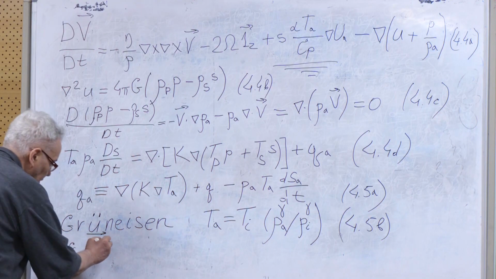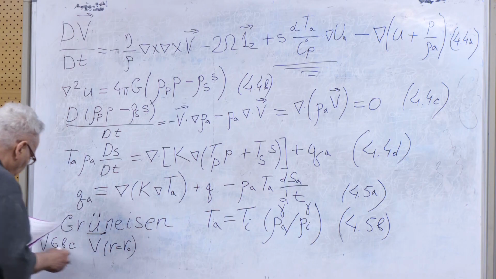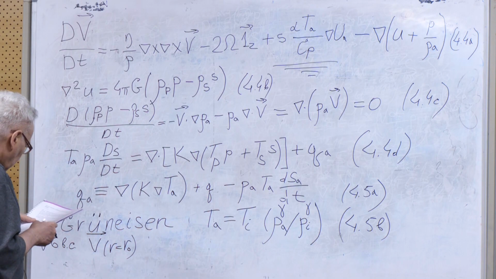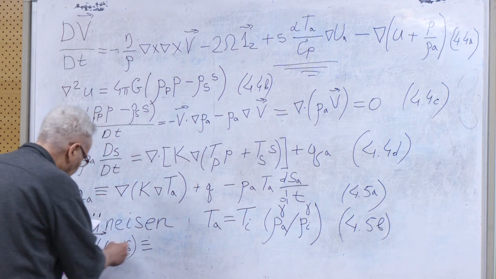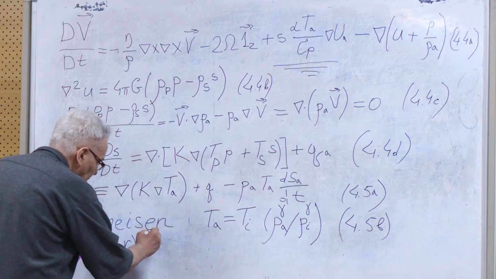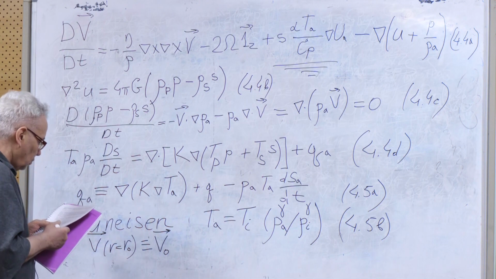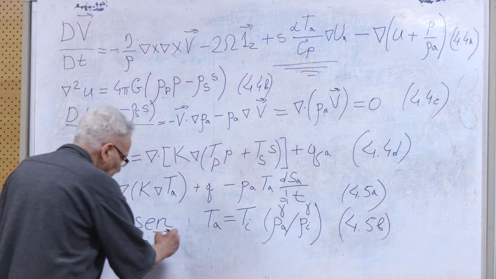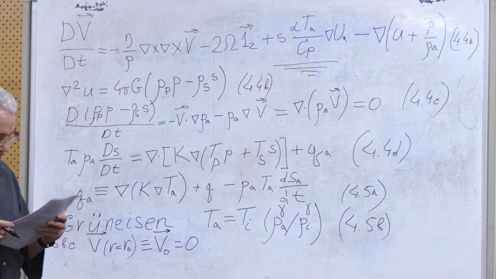The velocity at r equal to r_o, at the outer boundary, is identically equal to V_o, and it's of course equal to 0 because we rotate together with the mantle.